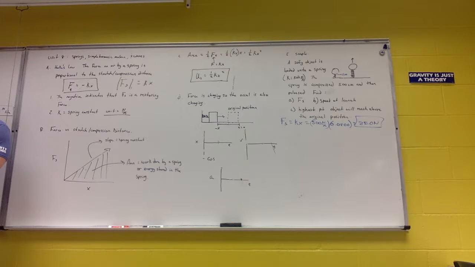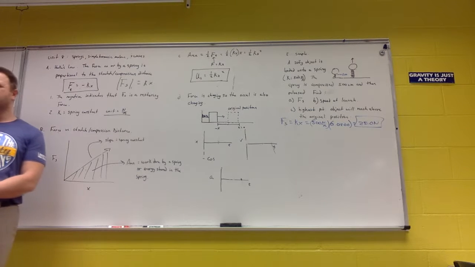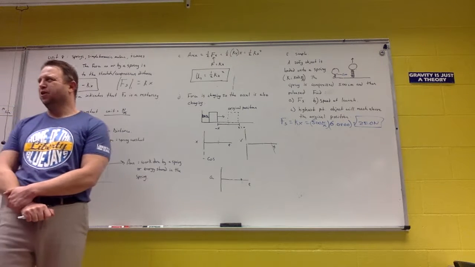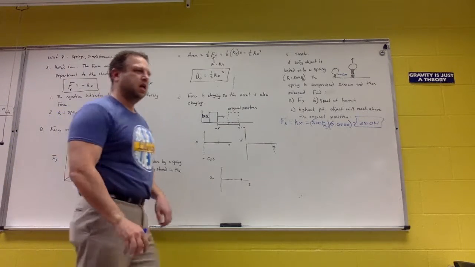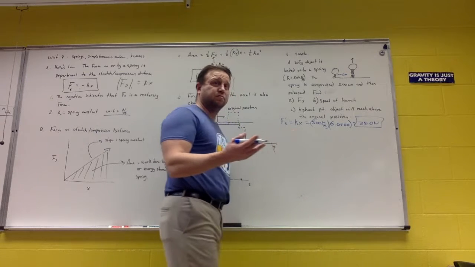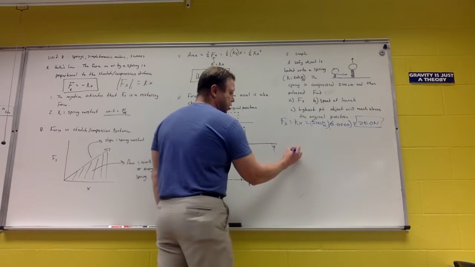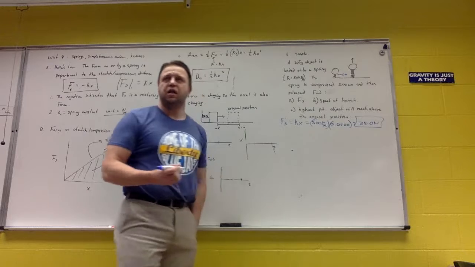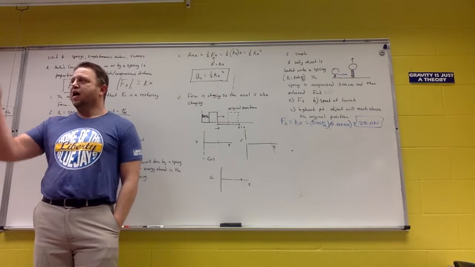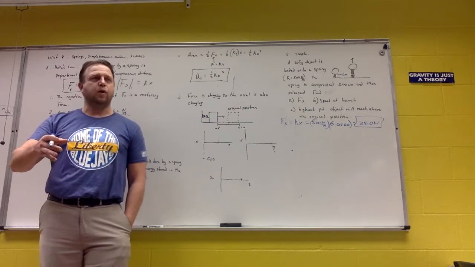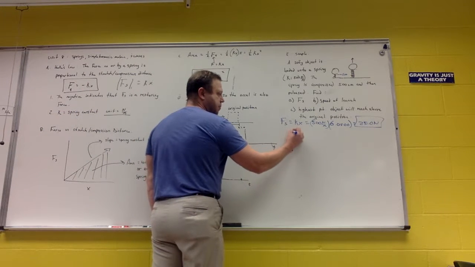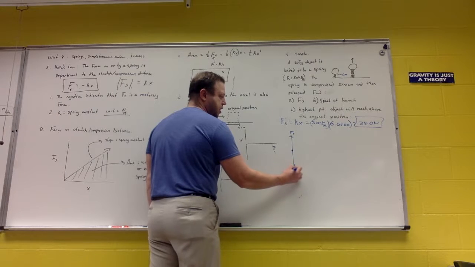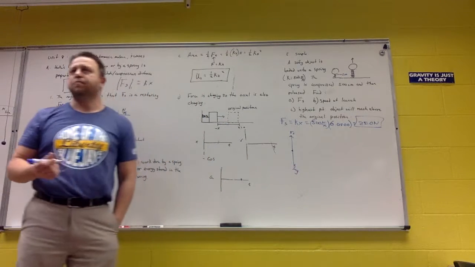All right, what if I wanted the instantaneous acceleration of this? I didn't ask for it, but I will later, so I wanted to talk about it real quick. We can use Newton's second law, but remember in our lab last Friday, I asked you to draw a free body diagram. We hung the weight on the spring, and you drew the free body diagram with the spring force up and mg down, right?